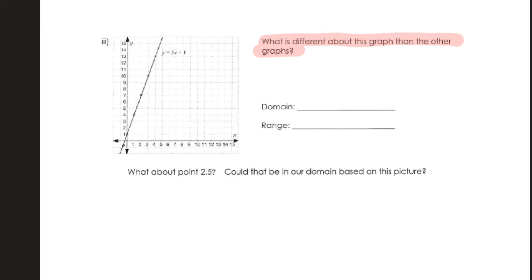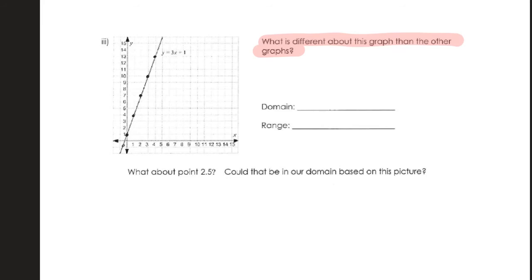Okay, so now we want to take a look at domain. Okay, well, what are the x values for our graph? And maybe we locate and we notice that, hey, I have some points on here. I have a point right here and I have a point right here. I can see the little bubble there, so I see the little point.